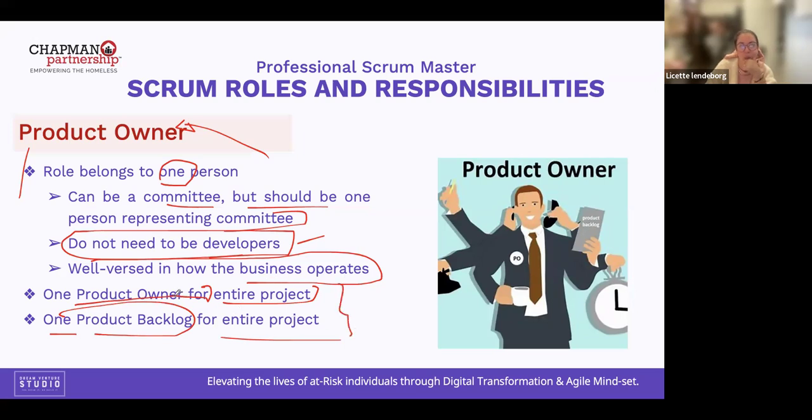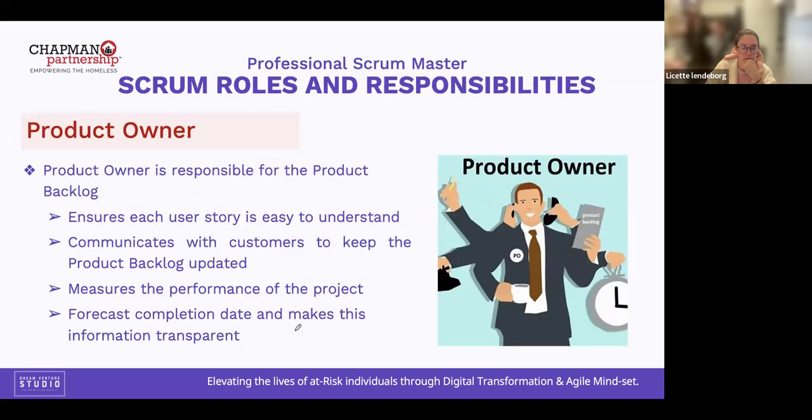Keep that in mind. One product owner for the project and one product backlog for the entire project. The product owner is responsible for the product backlog.